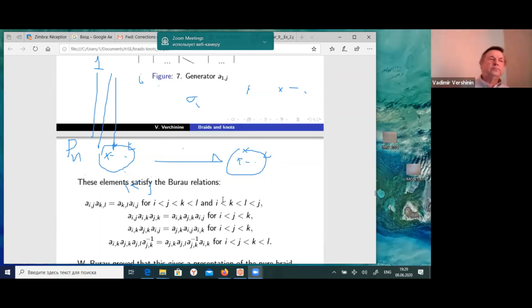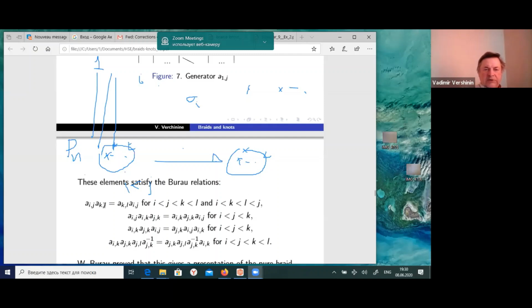Then these elements satisfy some relations which were obtained by Werner Burau in the 30s. I forgot to tell that Artin's work on his theorem presentation is the work of 1925, and in about 1935 this is the work of Werner Burau about the presentation for the pure braid group.